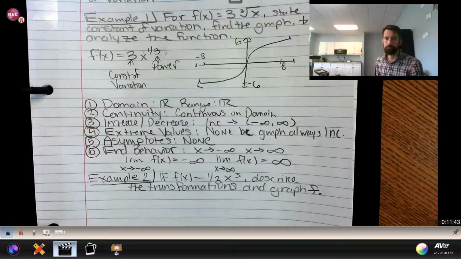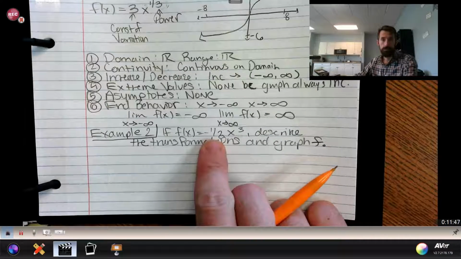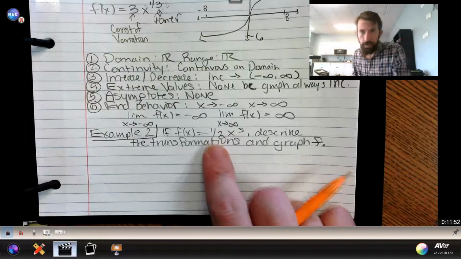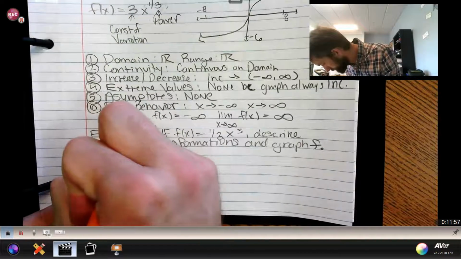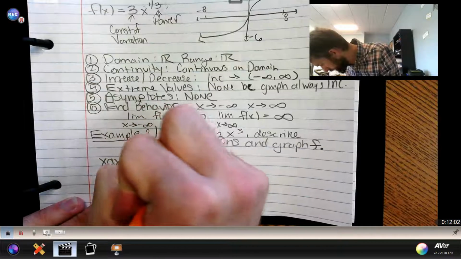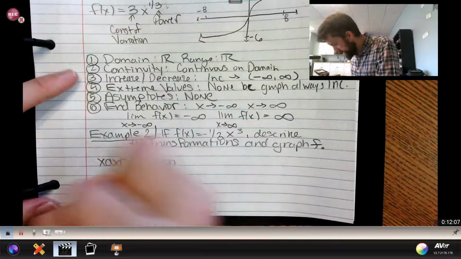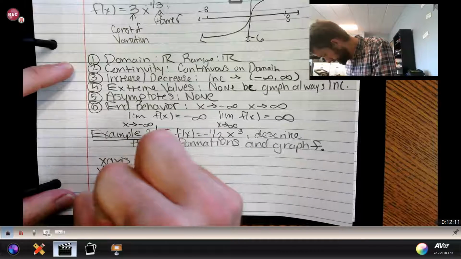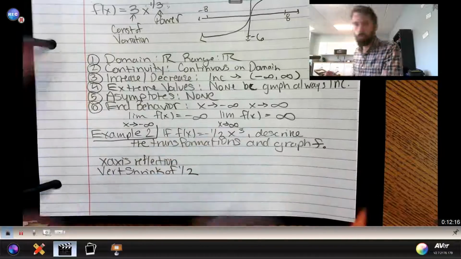All right. So, 2 things are happening with this function. The first thing that is happening is the x-axis reflection. That's what the negative is for. And then there is a vertical shrink of 1/2.